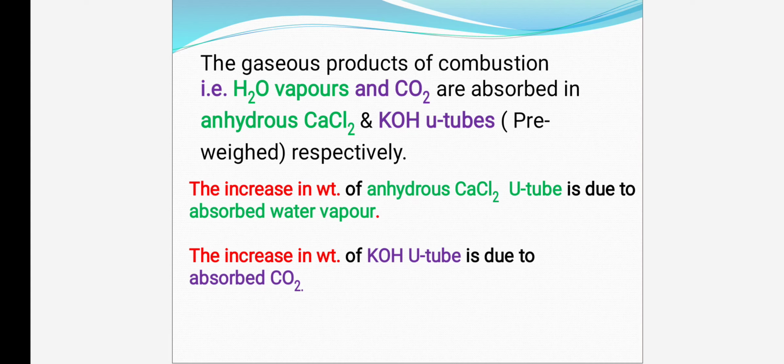Now, increase in weight of anhydrous CaCl2 U-tube is due to absorption of H2O vapor. Next, who increases the weight of KOH U-tube? Weight of KOH U-tube is increased by CO2, because KOH U-tube absorbs CO2.